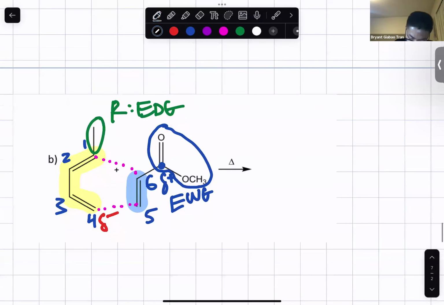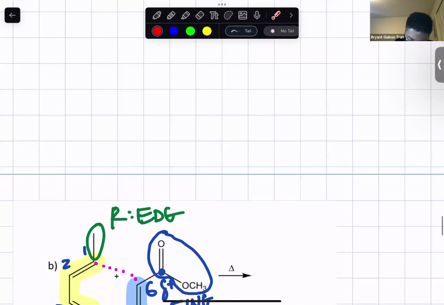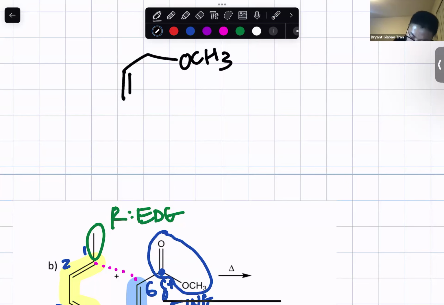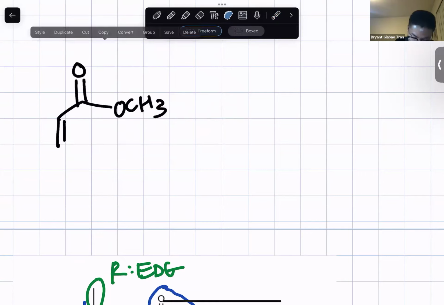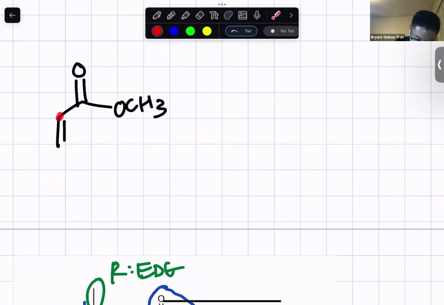Now let's see where the charges are going to be. Since this is the EWG, do you know where the partial positive charge is going to be on the dienophile? Based on the EWG on this carbon here, would it be on this carbon here or this carbon here?